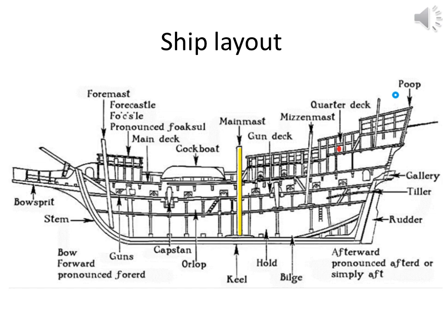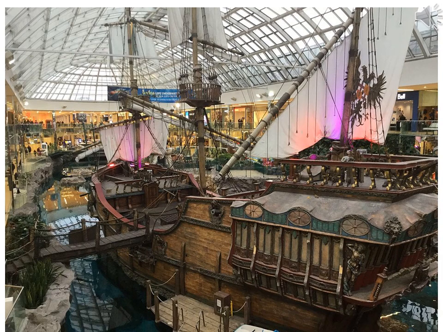The quarter deck is where officers and people of that kind of rank stay, and there are general decks where other people can stay. This is an important thing that we need to know about a ship. This diagram is the replica of the Santa Maria ship, which is still there somewhere in Spain.